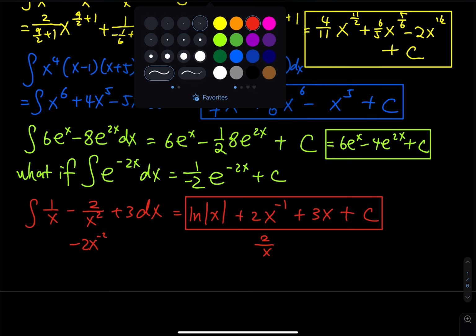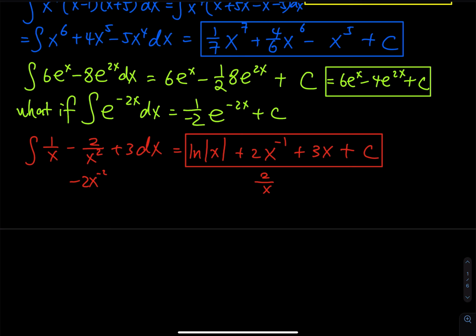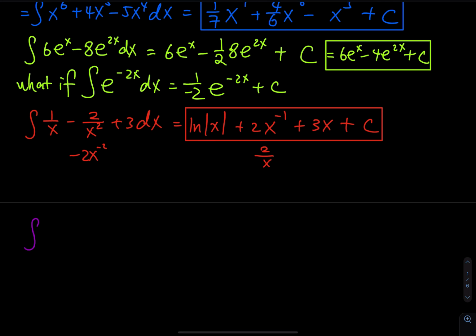The last one, what do we have? We have a radical. We have a lot of radicals. So we have the integral of the square root of x to the third minus the fifth root of x dx. So this is x to the 3 over 2, right? The square root becomes a 1/2, and then the fifth root becomes a 1/5 power dx.